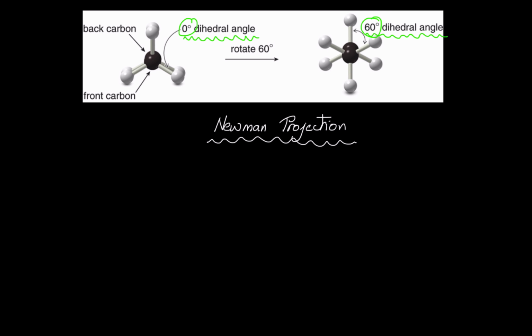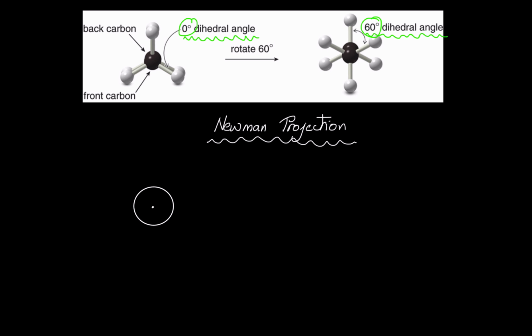So Newman said that for the back carbon, we can just draw a circle, and for the front carbon, we can just designate it by a dot in the middle of the circle.